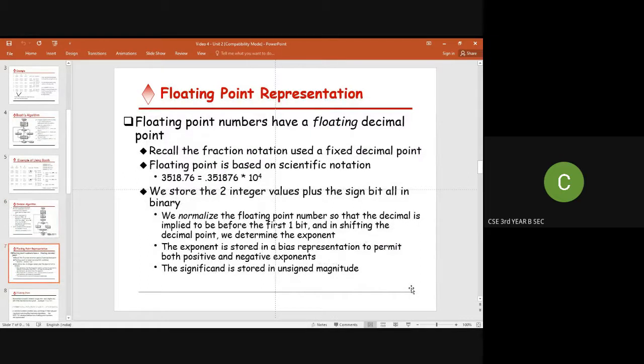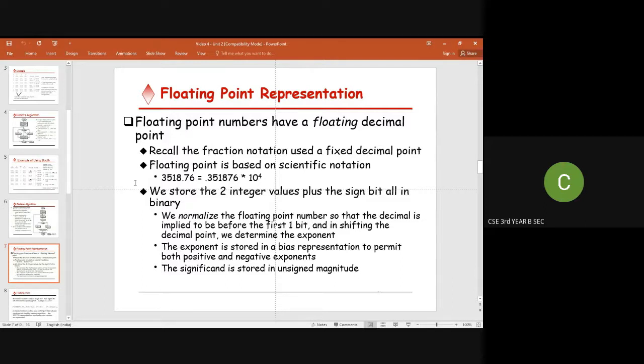Next one, we have the floating point representation. So what is floating point representation? Before that, we will look into the fixed point representation. Fixed point means the decimal point is fixed in one place, so we only used integers and did not look at any decimal points.